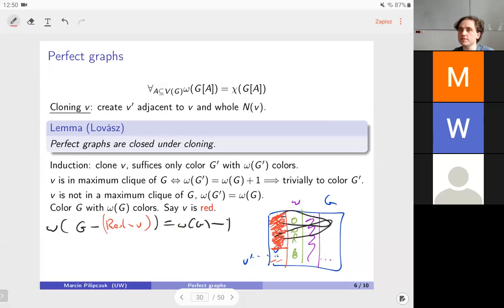V was in no maximum clique, and so every maximum clique needs to contain a red vertex different from V. So omega dropped by 1, so I could color it with fewer colors.